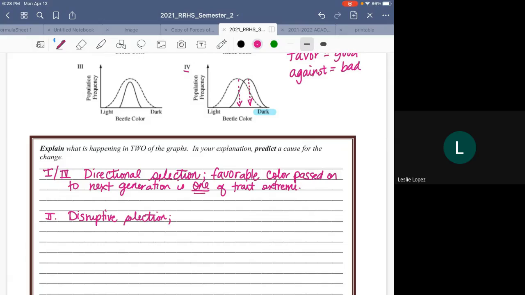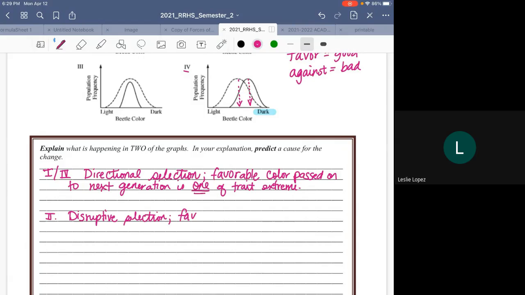And again, we're going to tie it into how the next generation is going to have more of those extreme phenotypes, the light and the dark, and there will be less of the intermediate.